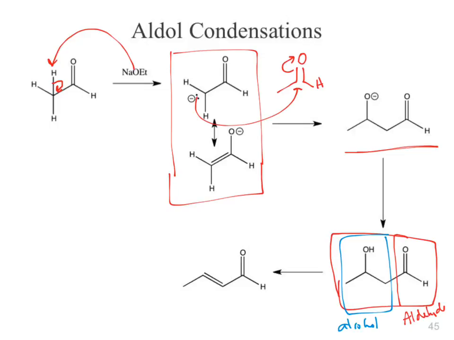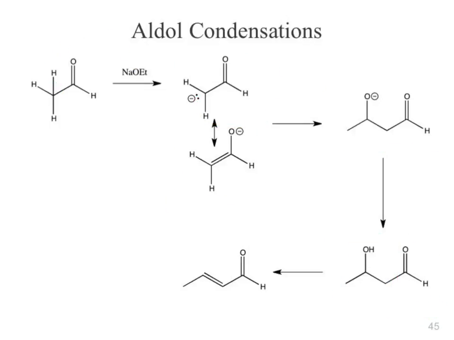We have the aldol product. The aldol very often goes through and does the condensation to get us to our final product. And we've done the aldol condensation. Okay. What happens if I make that hydrogen a CH3 here?